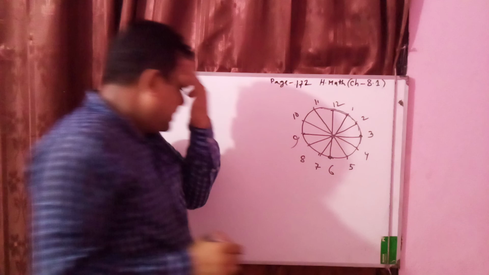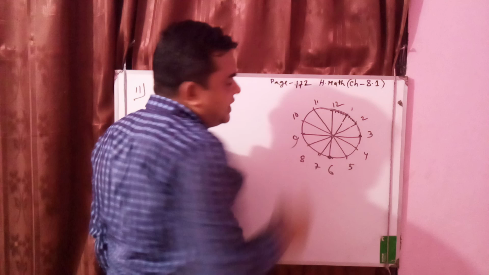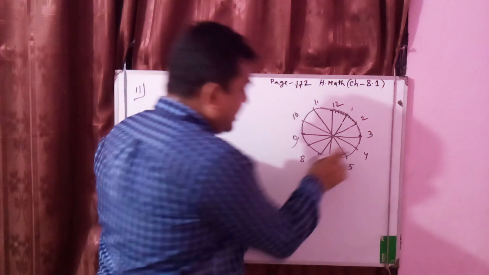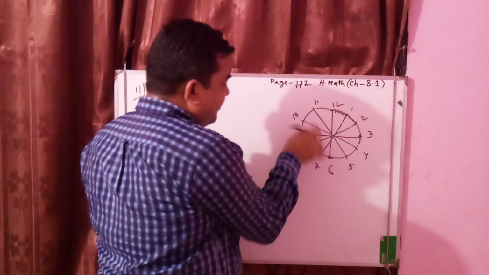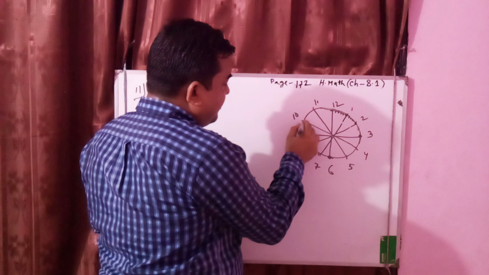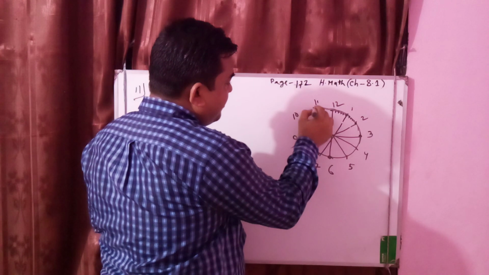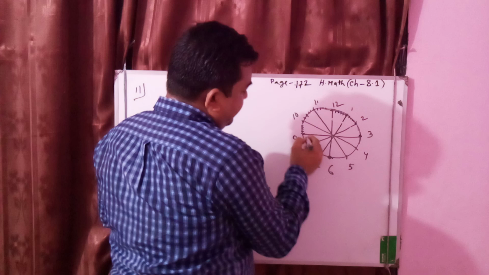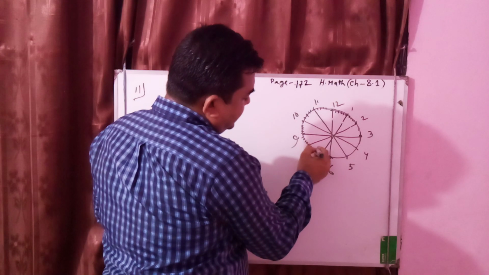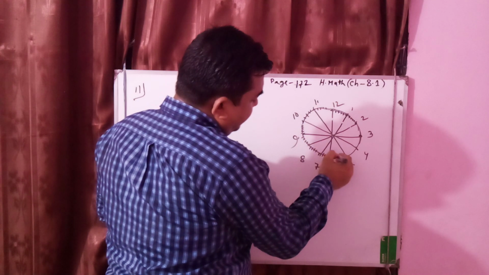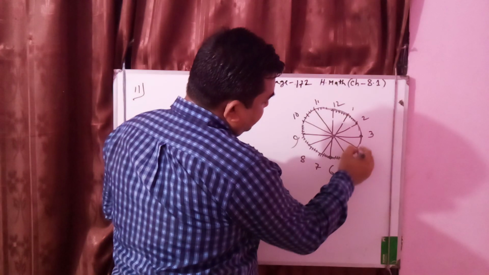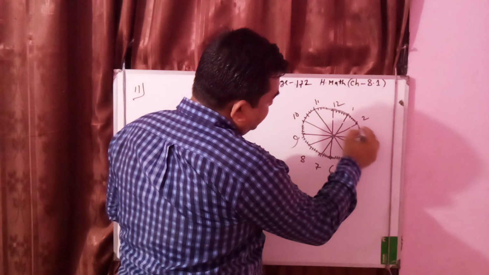In a watch we see small points, 1, 2, 3, 4, 5. Every hour we see that there are 5 points. Here 5 points, here 5, and so on.